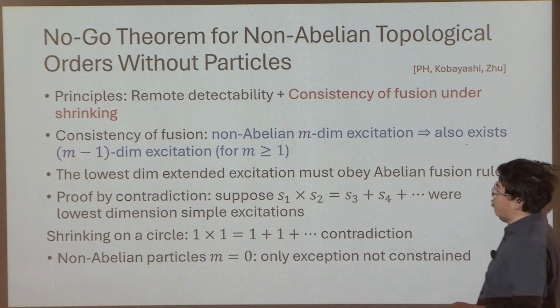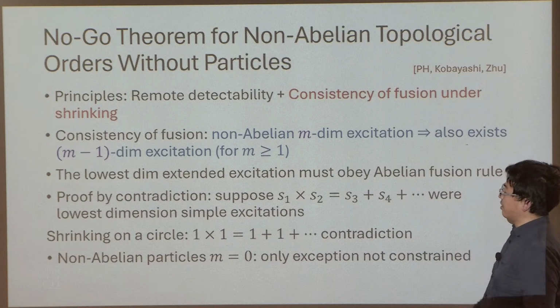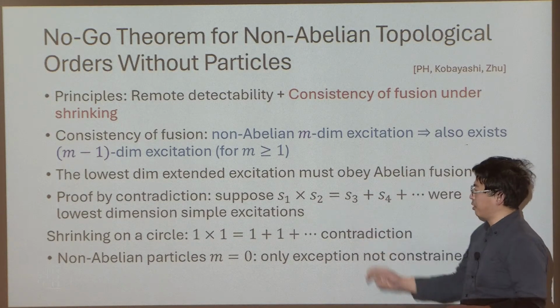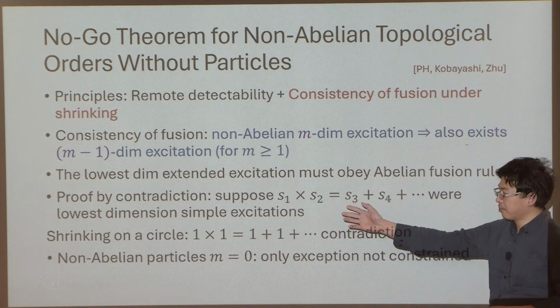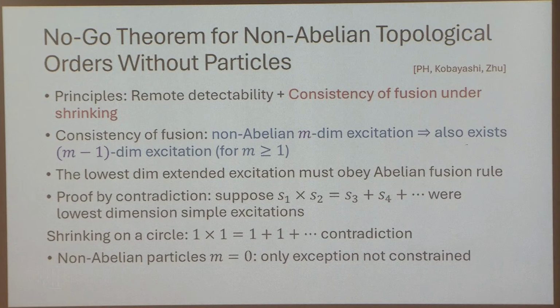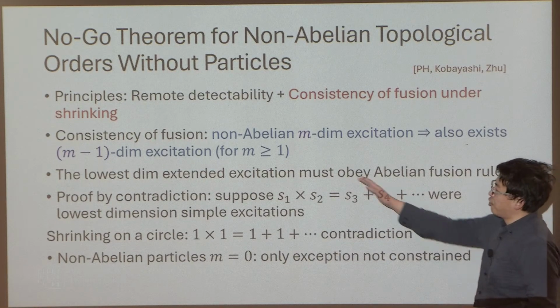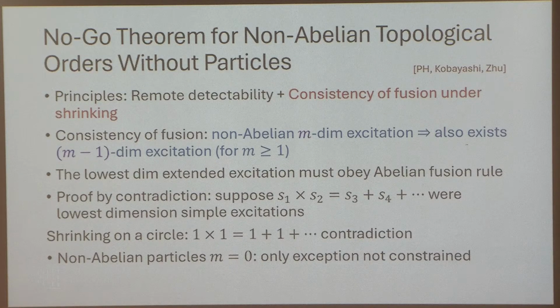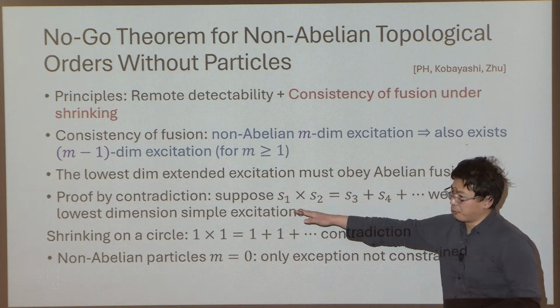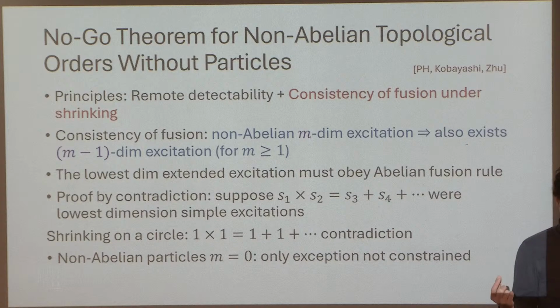So I'll try to fuse the non-abelian excitations. Let me call them S1, S2, S3, S4, etc. If you fuse two non-abelian excitations, you get a direct sum of many other excitations, like S3, S4, etc. So if there are no excitations of one dimension lower, then start with this fusion rule and imagine all excitations are very short in one direction.